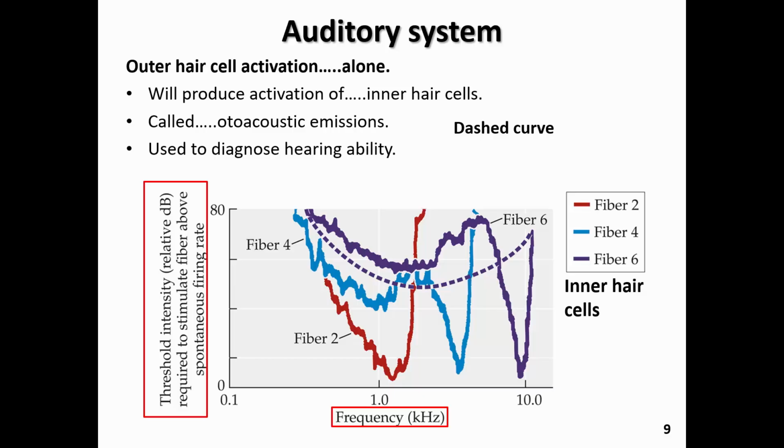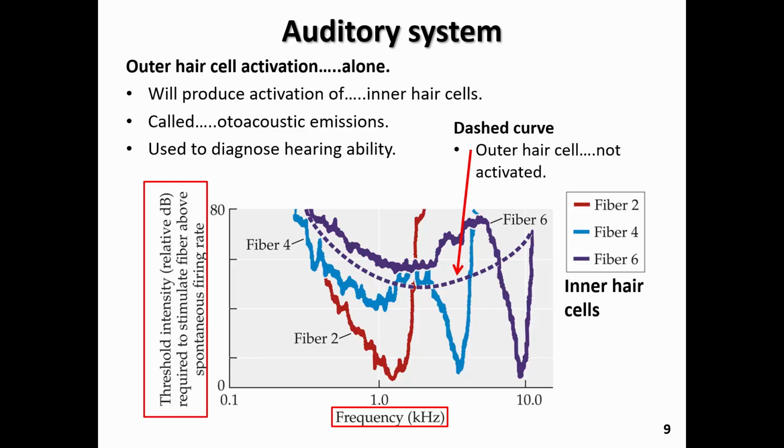Now the dashed curve here, let me just put that arrow here, the dashed line represents the threshold intensity of the fibers when the outer hair cell is not activated by the brain.